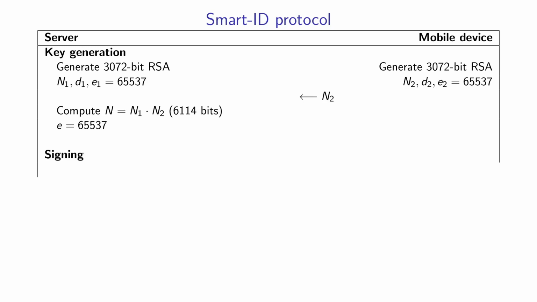To sign some data, the message to be signed is sent to the mobile device, and both parties sign the message using the standard RSA signature algorithm using their parts of the private key. Then the mobile device sends its signature part to the server, and the server can then compute the composite signature.